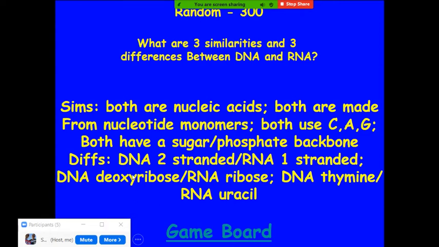DNA has the sugar deoxyribose, RNA has the sugar ribose. DNA has the nitrogen base thymine, RNA has the nitrogen base uracil. Another difference: DNA has to stay in the nucleus, RNA can be in the nucleus and in the cytoplasm. I think there's one more difference, but if you know those 3 or 4, you will be fine.